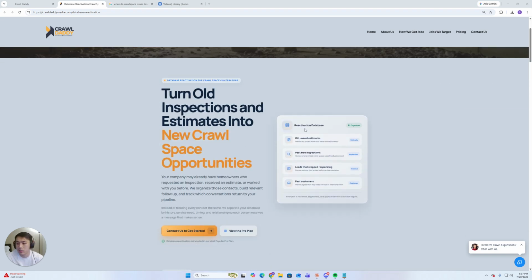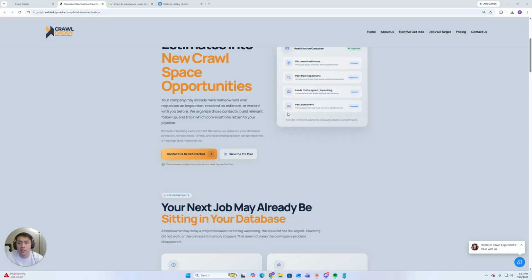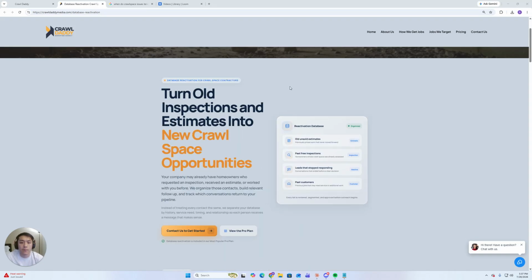So to explain what a database reactivation is, basically it's us automating messages to your existing client base, or your prior client base, or old clients that went with you for a free inspection but never followed through with any of your services.